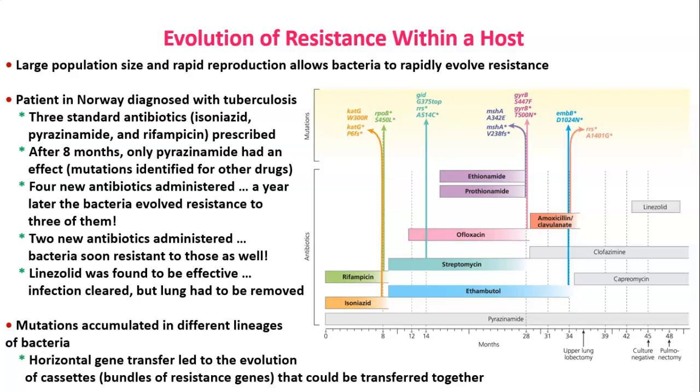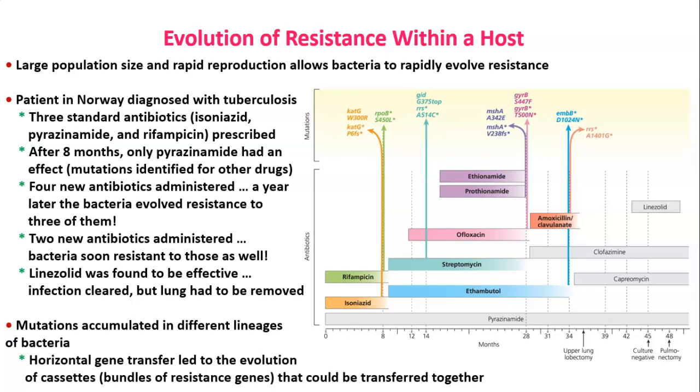And mutations were identified that established resistance for the other 2 drugs. So in response to this, 4 new antibiotics were administered. And a year later, the bacteria were still going strong. This person still had a very active tuberculosis infection.